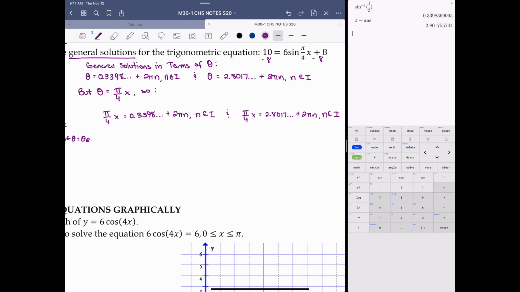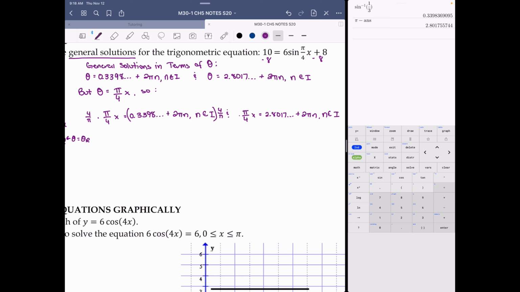We want to solve for x, so we need to multiply both sides by the reciprocal of pi over 4, which would be 4 over pi, so times 4 over pi on this side, and times 4 over pi on this side.